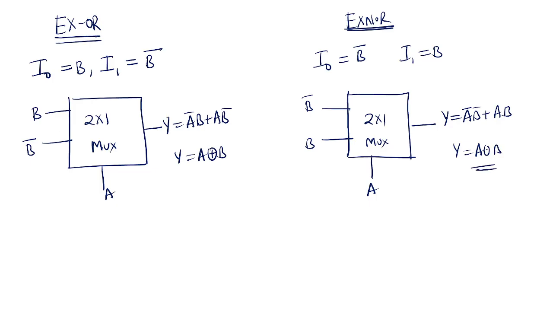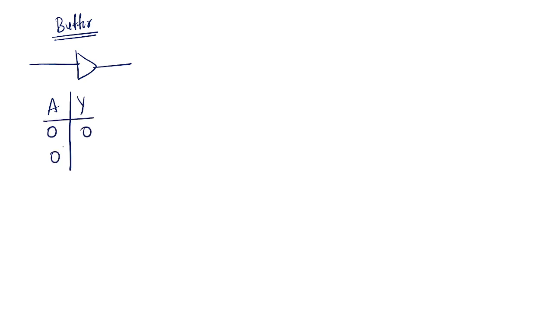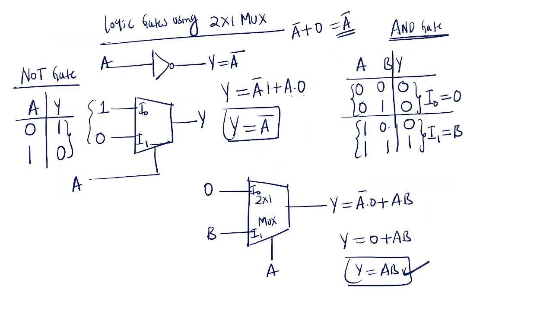Buffer. I need to implement this buffer by using a 2 cross 1 mux. The inverter you already saw, no?